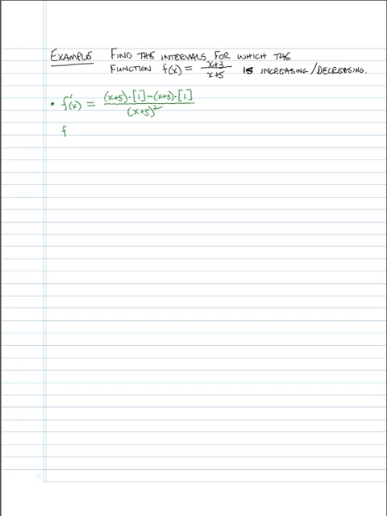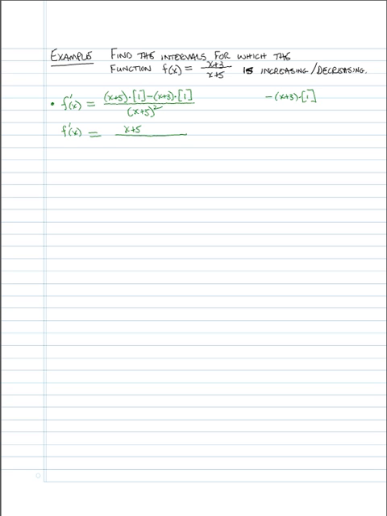Well, we need to do some major cleanup here, don't we? We end up with x plus 5 times 1, which is just x plus 5. And then, let's look at this part of the numerator times the 1.